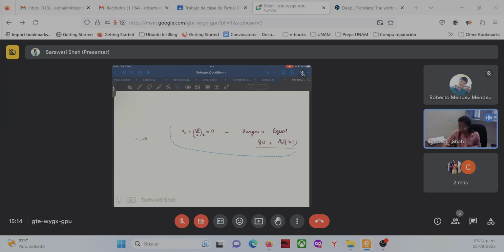Now the first thing is, what is the behavior of this flux function? The first thing you need to remind yourself is the behavior of this flux function. Is it convex or concave? Convex, exactly. So this flux function is convex.